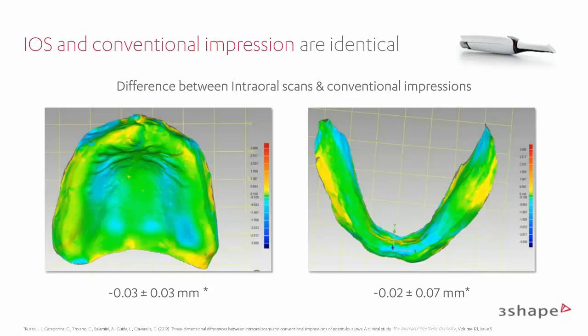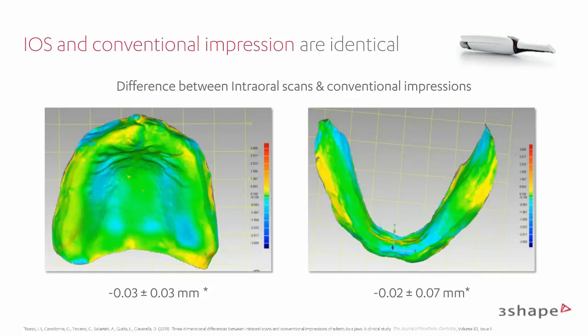And it's the same on the lower. So basically what this is showing is that within very tight tolerances, and by far more tight tolerances than what is needed for digital dentures, then we have very good accuracies.